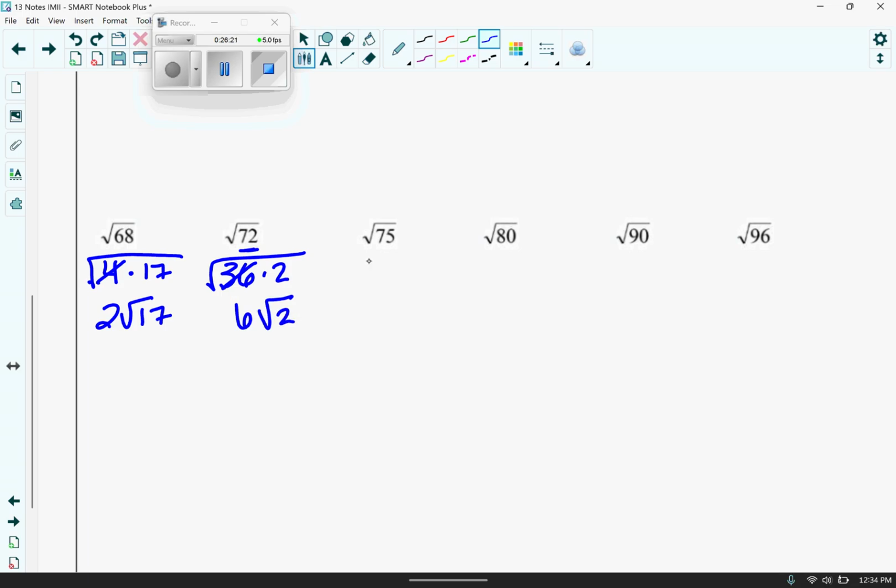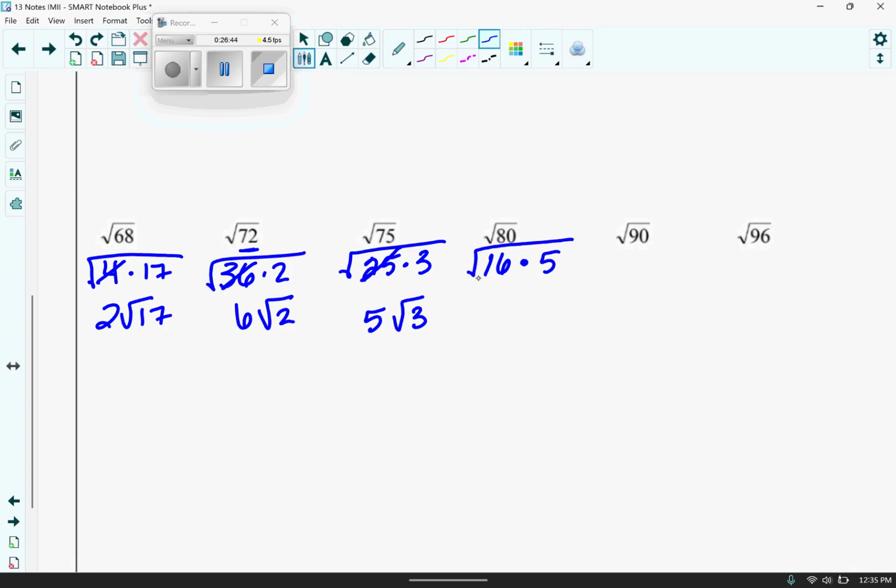75, I know I can do it in quarters, so I'm going to say 25 times 3. Square root of 25 is 5. 80, I know 8 does. 8 times 10, 10 would be 8 times 2 is 16, so maybe 16. Half of it would be 40 and 20, yeah, 16 times 5.